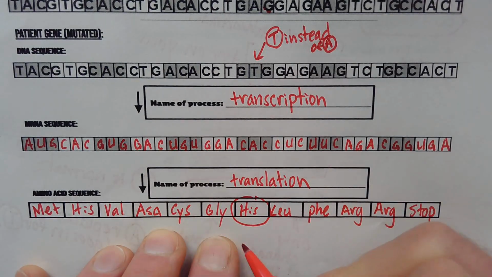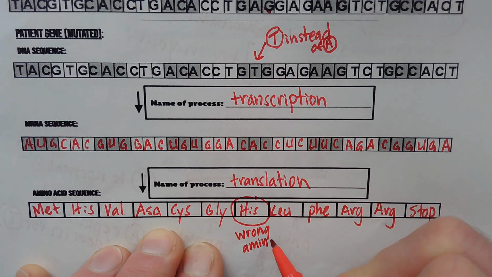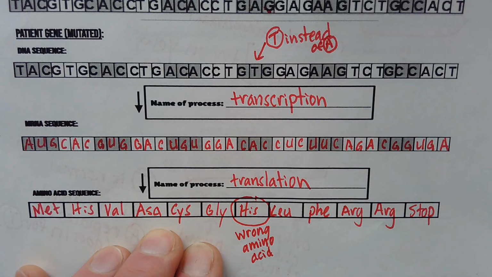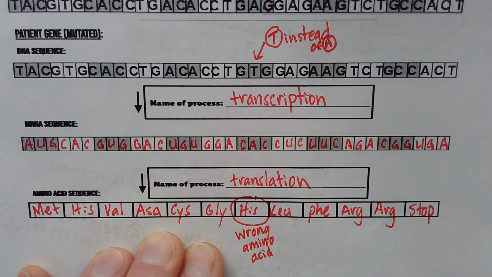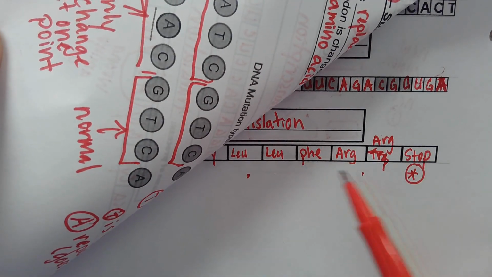And so what that means is it's the wrong amino acid. But you can see that everything else after it is the same. So all of this is the same as all of this. That didn't change.